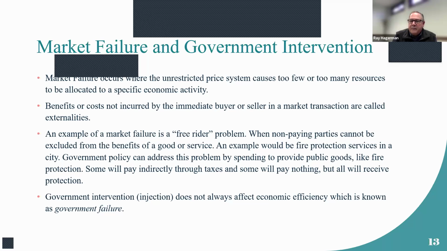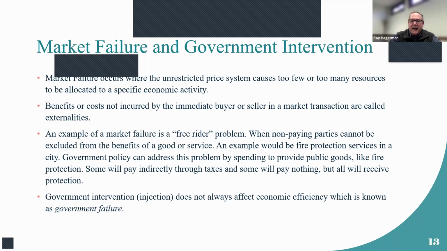And you can probably come up with examples of that, but just suffice it to know that that accounts for a market failure. So markets don't always work the way that they should. The reason is that we talked about buyers and sellers being willing to meet in a market transaction, but sometimes there are additional costs to either the buyer or seller, or there are additional benefits to the buyer or seller.